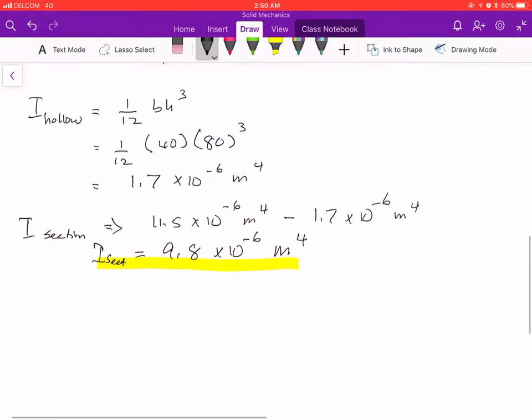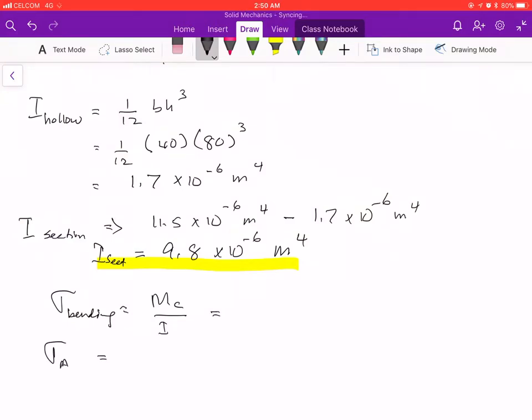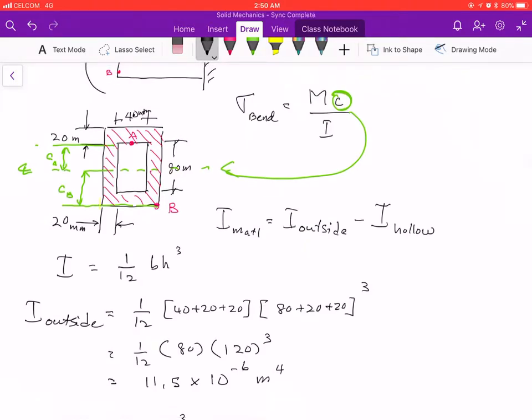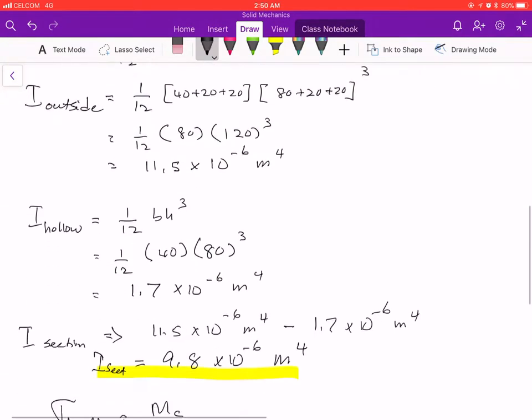My bending stress is M C over I, and for point A, my C here is actually 40 mm, and my C for B here is 60 mm. So let's go ahead and do that.